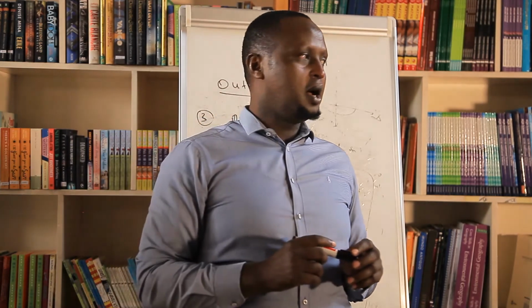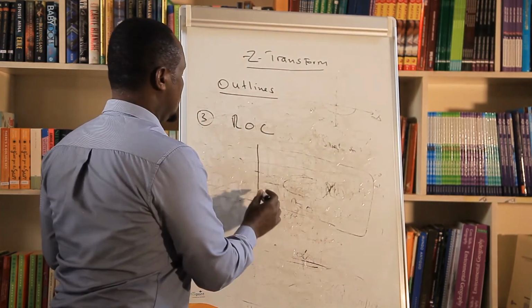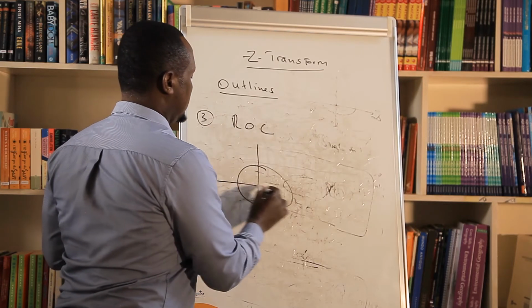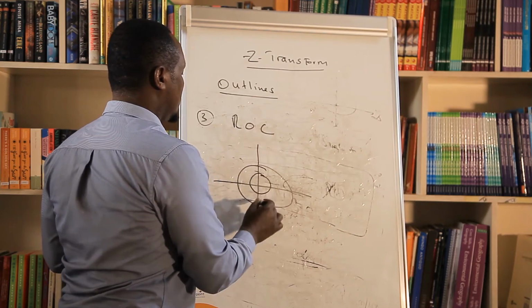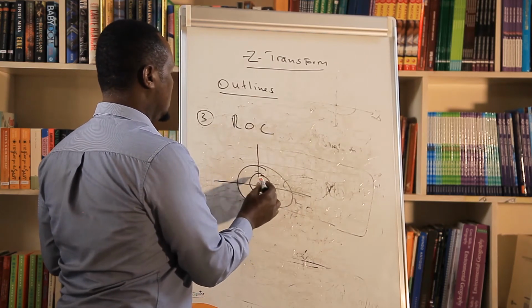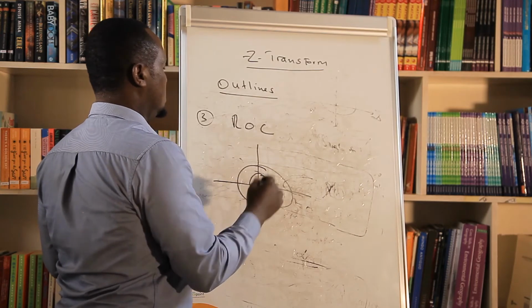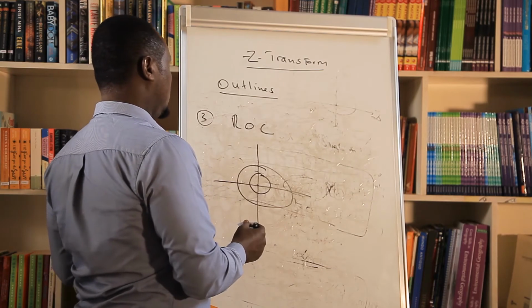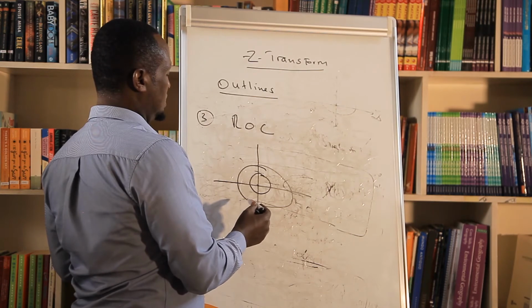For example, if I draw a circle, from the center I can have many circles, having zeros and poles. Remember, the zeros are the numerator of the fraction, and the poles are seen in the denominator.